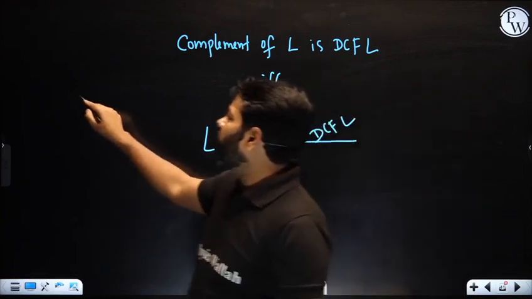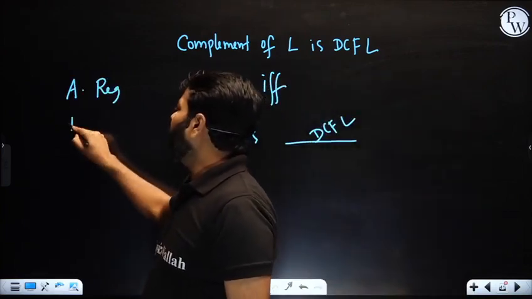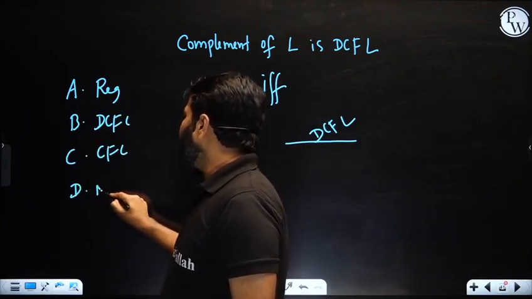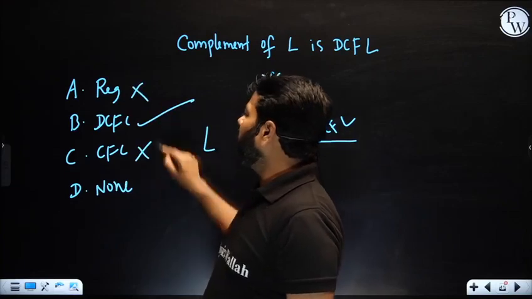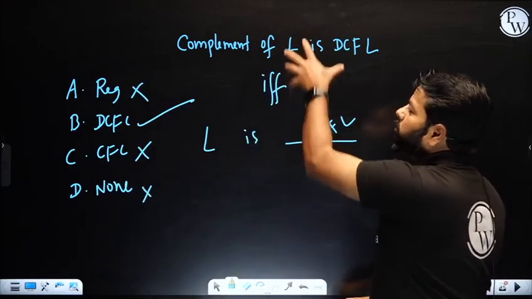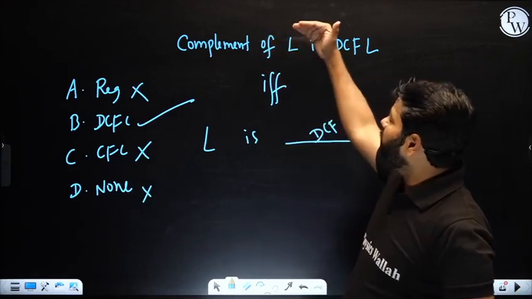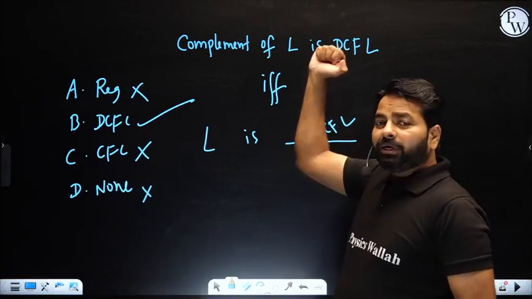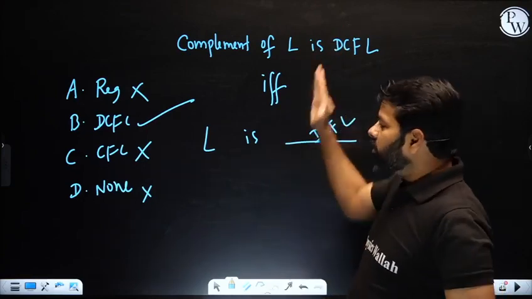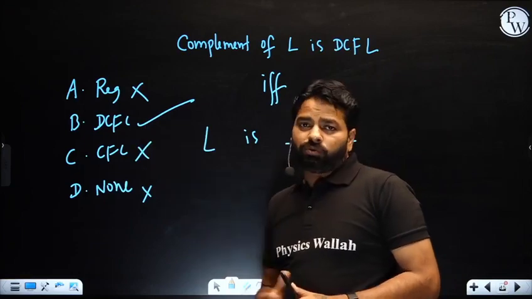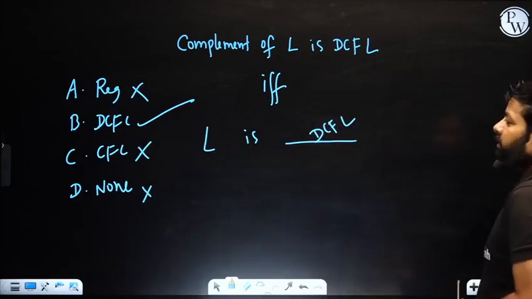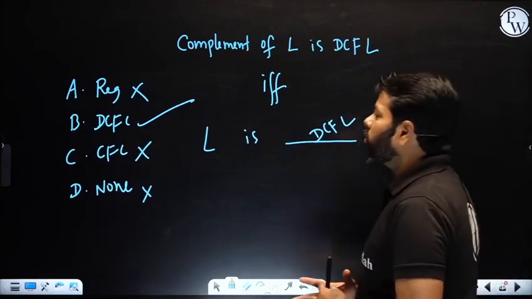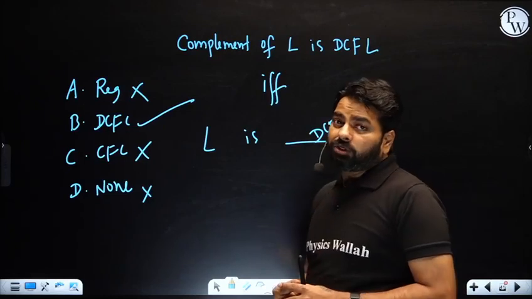In this case, when you have option A regular, B DCFL, C CFL, D none of this, then you have to choose only this one, because this time you need to hold two directions. Complement of L is DCFL implies L is DCFL. When L is DCFL, complement is also DCFL. So only this statement is true. Understand the difference between this statement and another statement. Of course, this statement is also correct, but here only you can choose DCFL, you can't choose CFL.